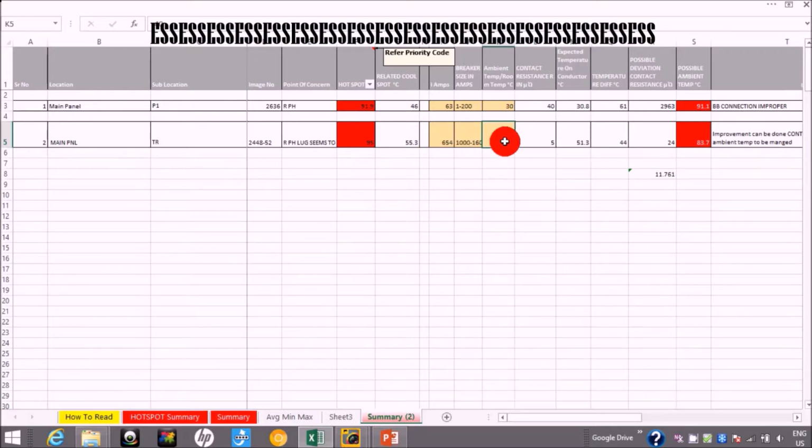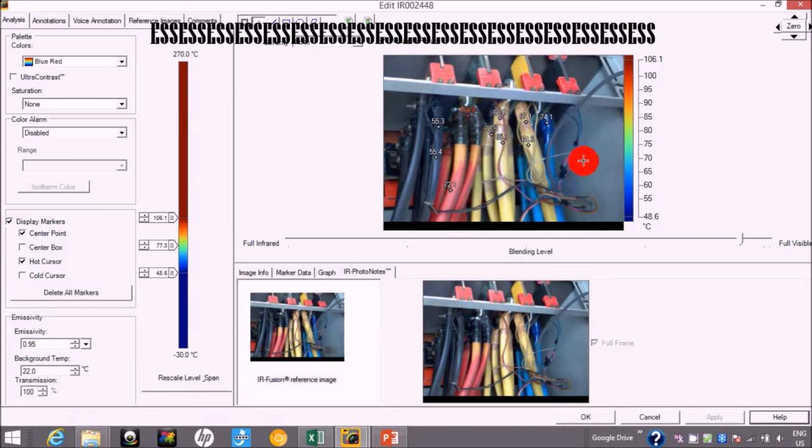Now let's see what we can do here. Let's say 55 is the ambient that exists. Then 66 is the temperature in the conductor which is expected if everything goes right. So everything is right, and if you see on the Y phase, the temperature is 64, 65, 60, so that is perfectly okay.